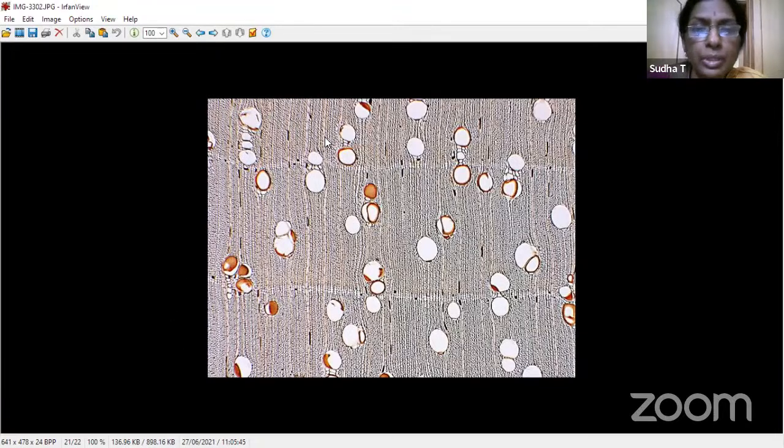of the wood. So this is diffuse porous wood we call it, because the large vessels are not confined to one region, like one row. They are scattered, right? As you are able to see, they are scattered. So this is diffuse porous wood, and more strong in fact.